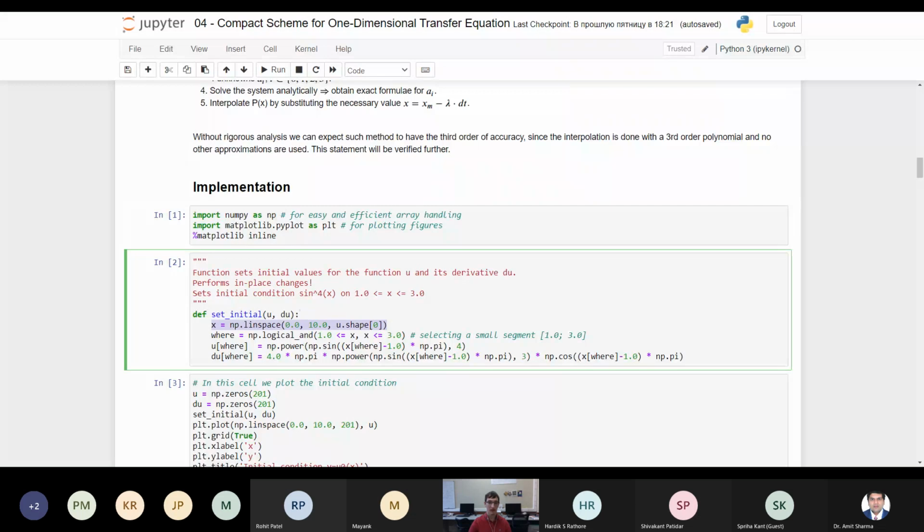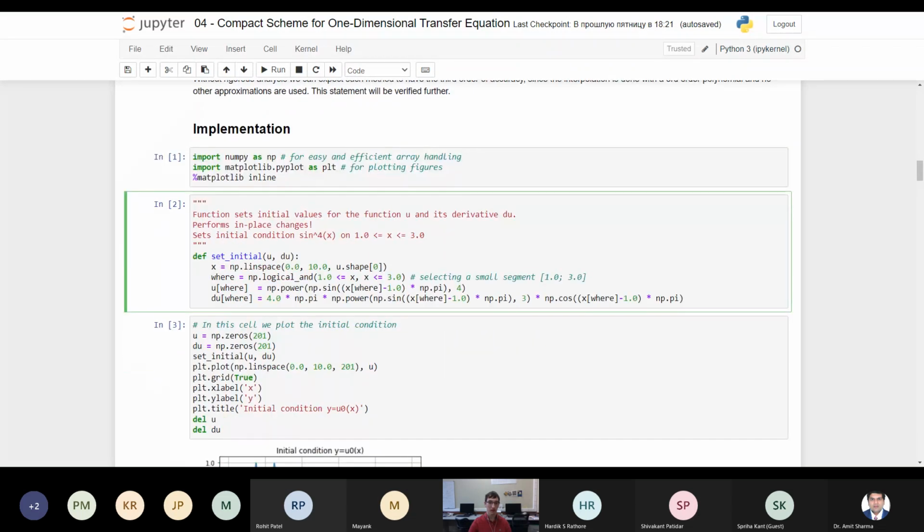Then we select a small line segment and generate the impulse in the form of sinus to the power of 4. And the derivative is the derivative of this function. So we have 4, we have the power of 3, sinus and cosinus.